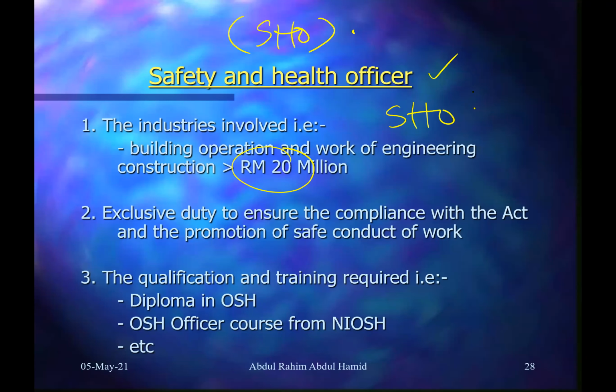Then there is an order in 1997 which spells out that for high risk industries such as construction, which is always classified as high risk, when you employ 100 workers, the cost might not be 20 million, but since you are in a high risk industry, you automatically should have a safety and health officer as well.